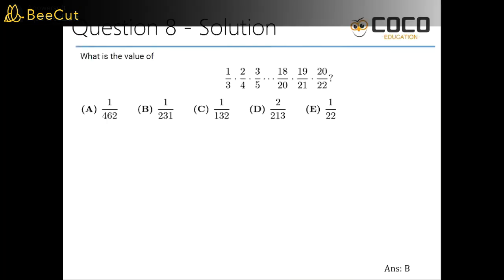Question 8. Find the product of these fractions. The numerator is 1 times 2 all the way to 20. The denominator is 3 times 4 all the way to 22. Here we just need to find the common factors.